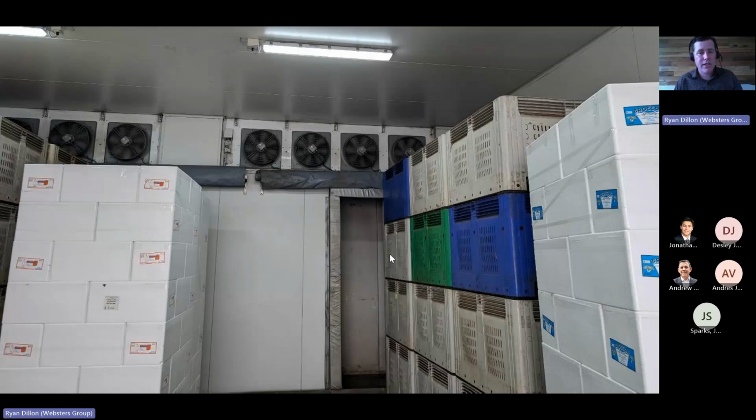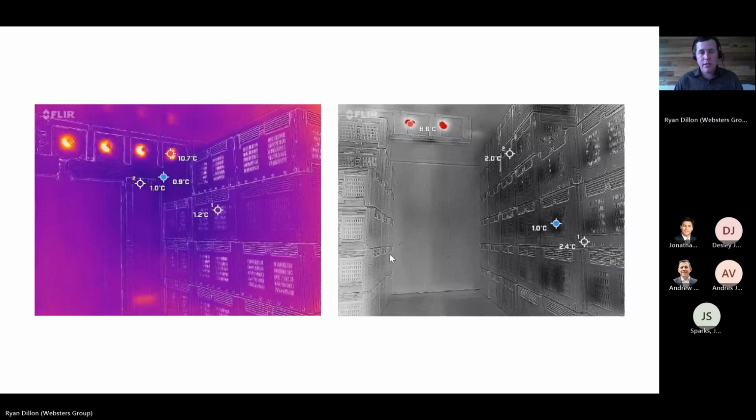Now, fans in cold rooms, depending on the efficiency, consume a certain amount of electrical energy. But when you take a thermal camera in there, you can see they're also a heat load. So irrespective of the efficiency of the fan, you actually have a heat gain attributed to the fans. So we want to target what's called energy productivity, which is where you use a higher efficiency fan.